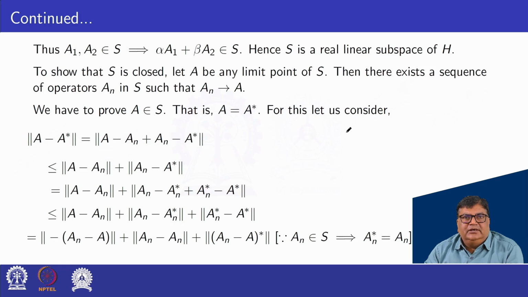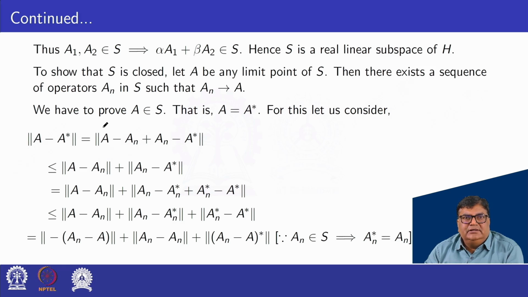For this, as above, norm A minus A star can be written as norm of A minus An plus An minus A star. There is no change if we add and subtract An. Now applying the triangle property of norm, this is less than or equal to norm A minus An plus norm An minus A star.